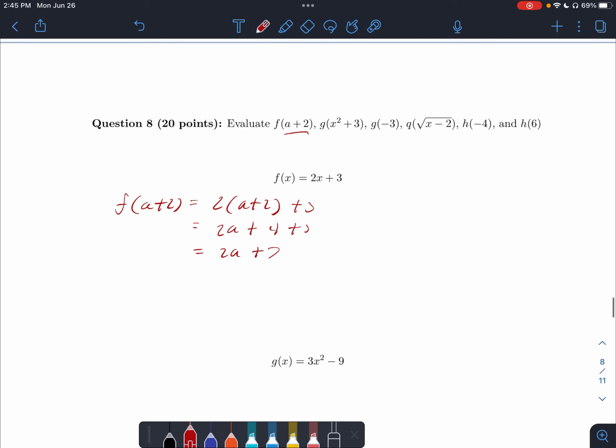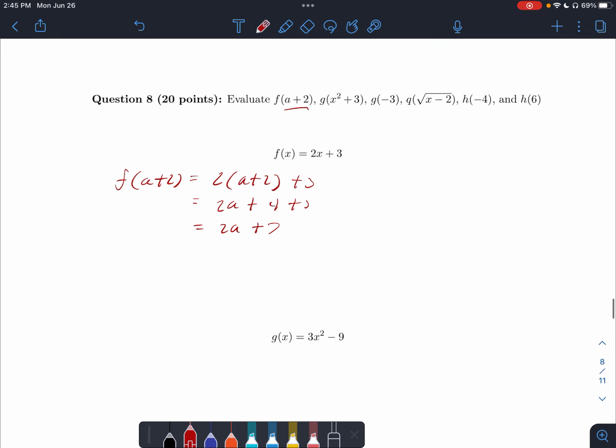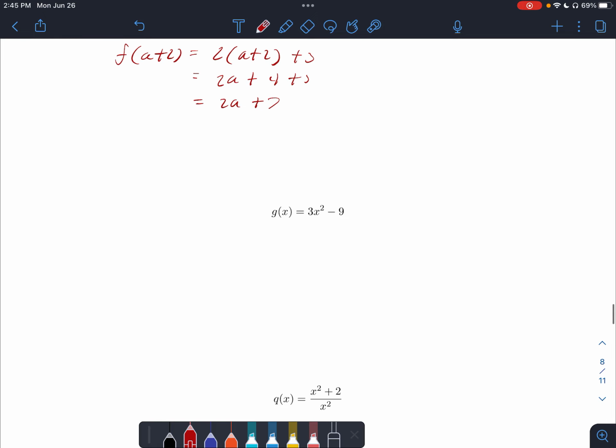Not too bad. All right, so then we want to look at g of (x squared plus 3). So g of (x squared plus 3) is equal to 3 times (x squared plus 3) squared minus 9. Remember, anywhere we see x here, we're going to plug in this whole expression.